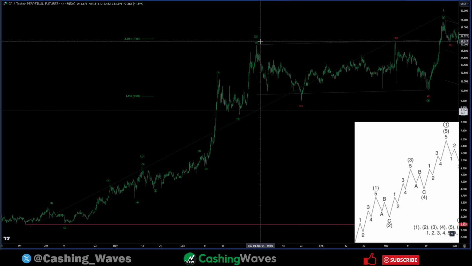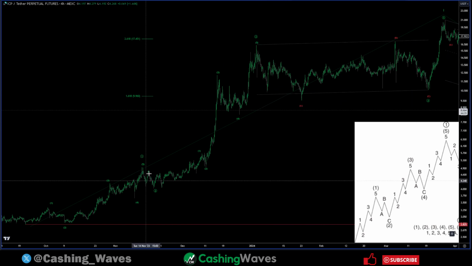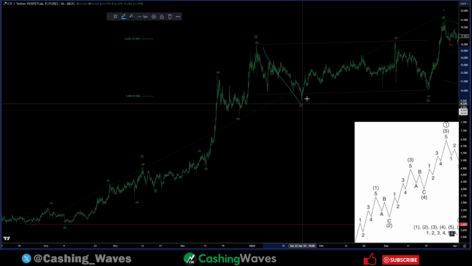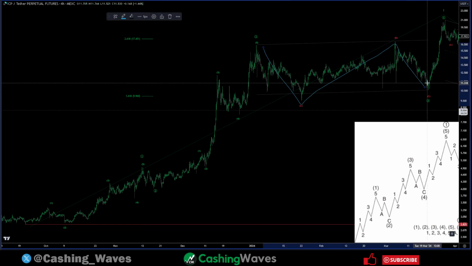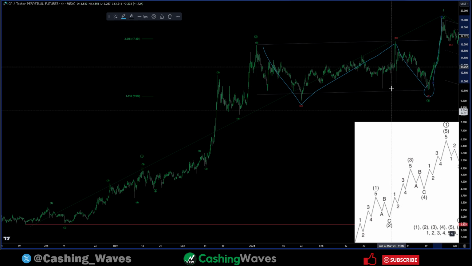After that, we look for a sideways wave 4 if we had a sharp wave 2. In this case, we got a flat, and after that we're looking for our 5th wave up.